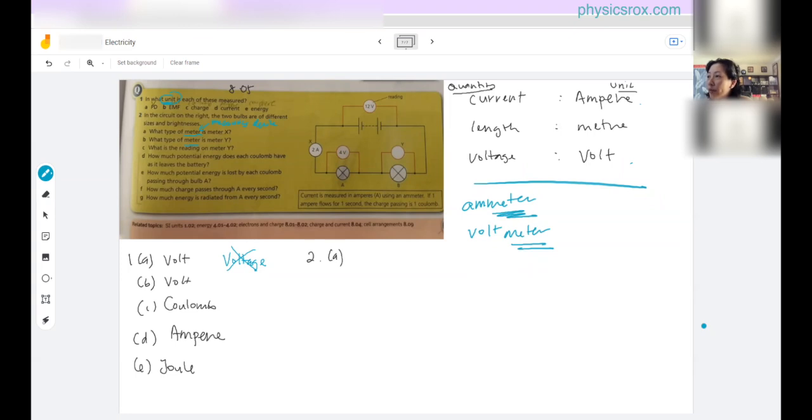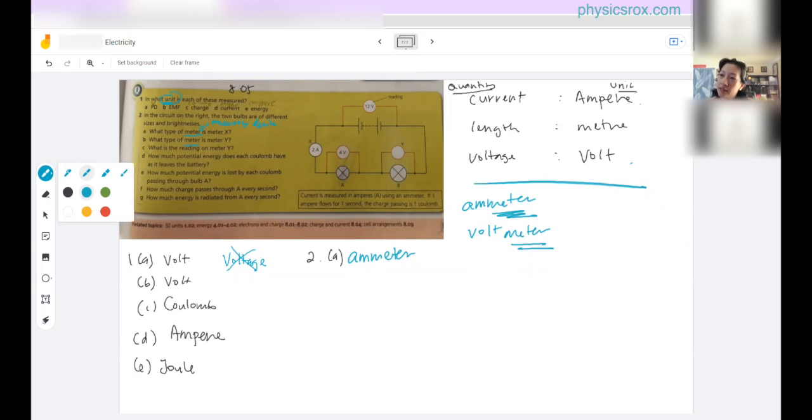So X is which one? Ammeter. Okay, you can see that X is 2A, right? Yes, this is an ammeter.